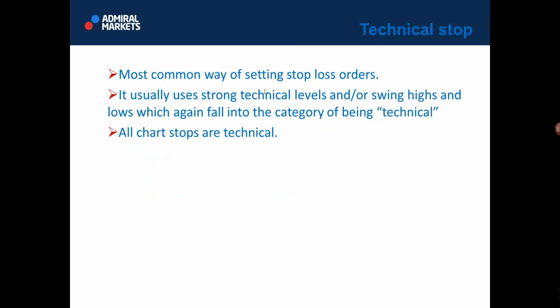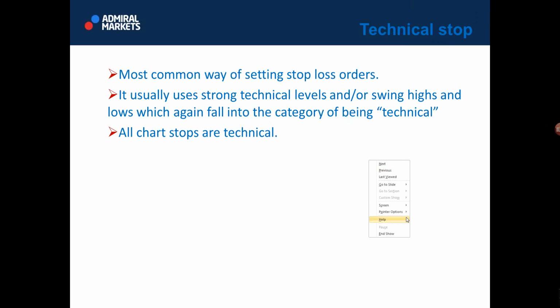Then we have technical stops, the most common way of setting stop loss orders. I also use mostly technical stops. It usually uses strong technical levels and/or swing highs and lows, which again fall into the category of being technical. So I can say that all chart stops are basically technical. Basically, if you use technical stops, then your method or system advises you to use that.